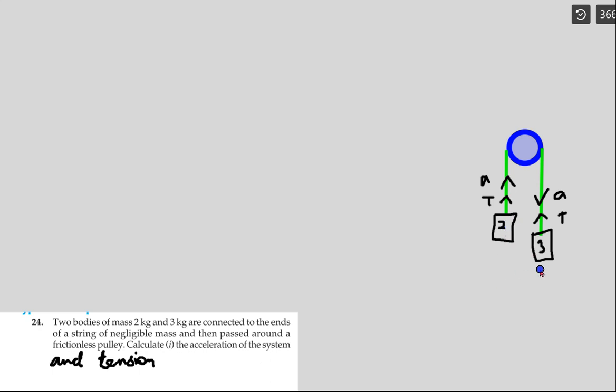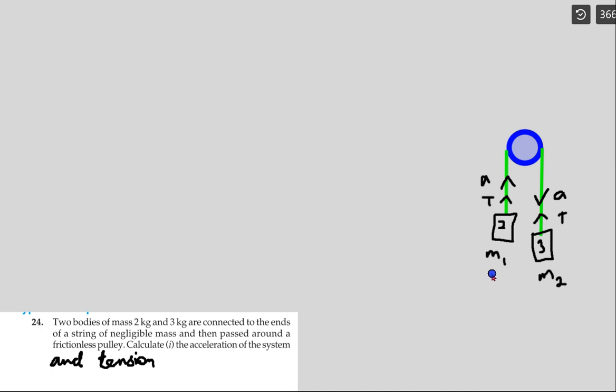But to prevent the downward motion, this string tries to pull the bodies, so these tensions are in the upward direction. Here is the mass 2; let me denote it as M1, and this as M2.